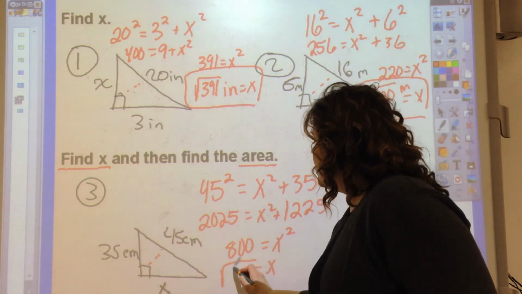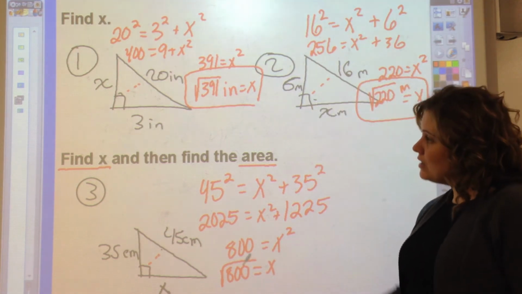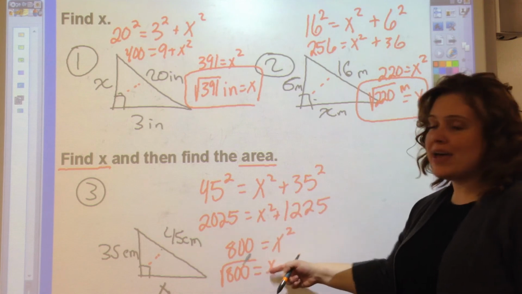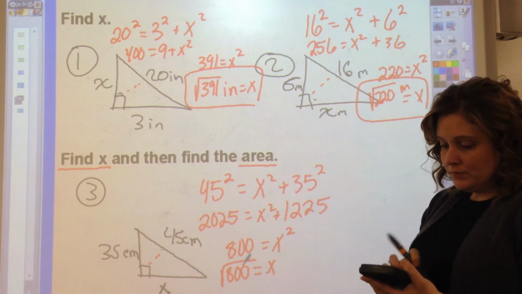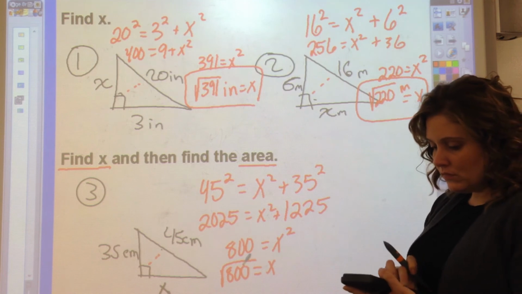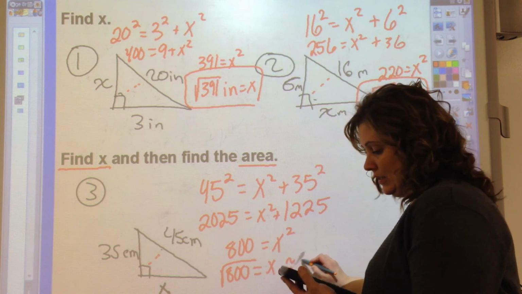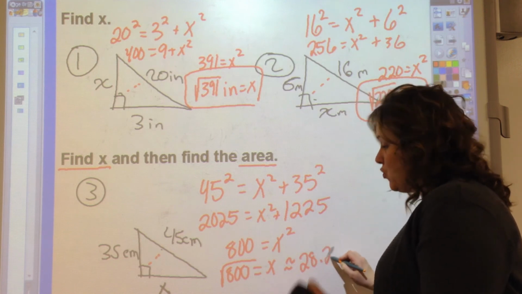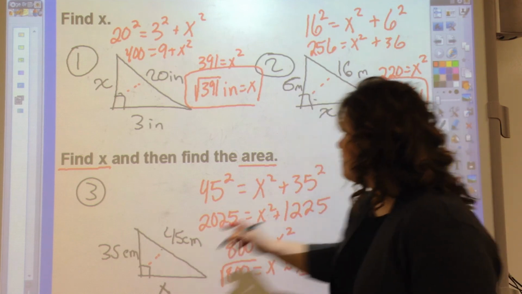I'm only going to utilize the positive solution. And because we're going to work with area, let's go ahead and write the approximate value at this point. The square root is approximately 28.28 centimeters.